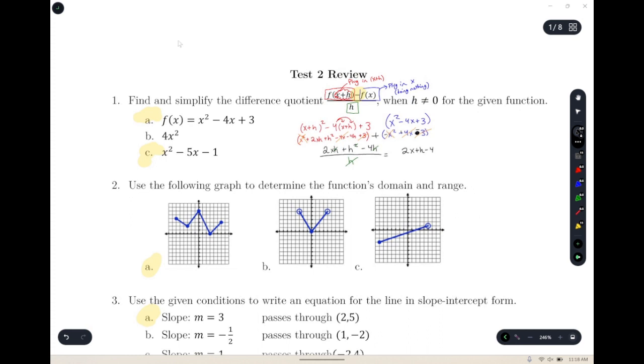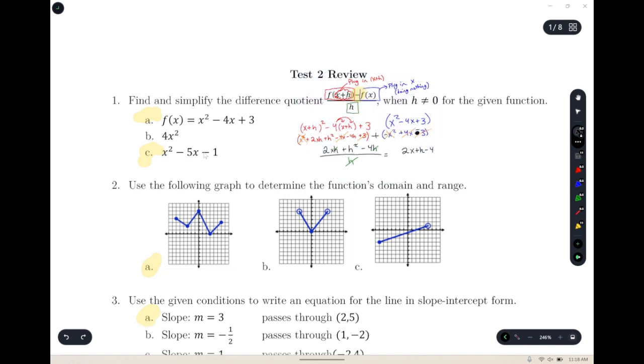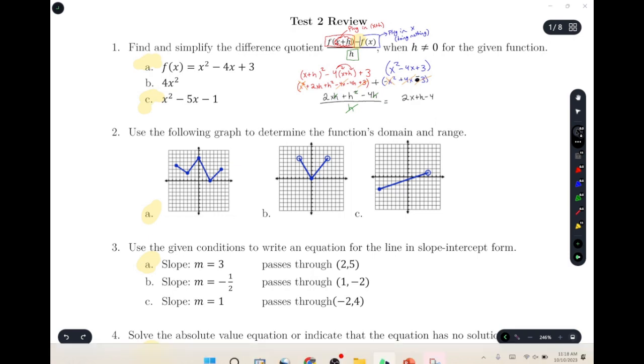Gosh, I can't take it because it's got all that stuff in the way. Can't you technically move it? Yeah, but all this stuff? You can just highlight it, move it, copy, move it back. Or you can circle it again.